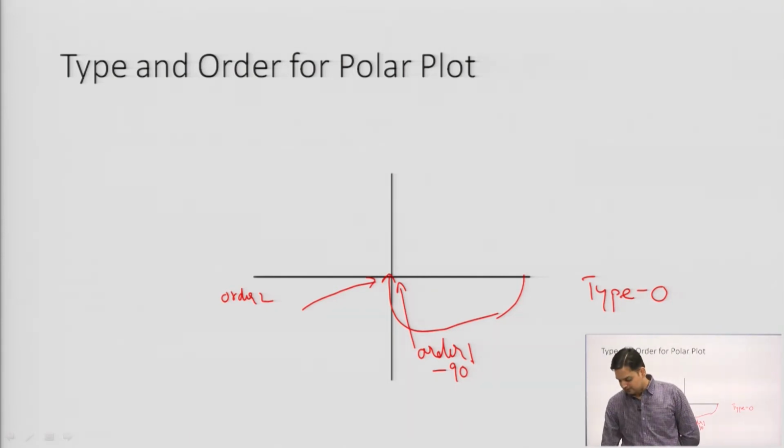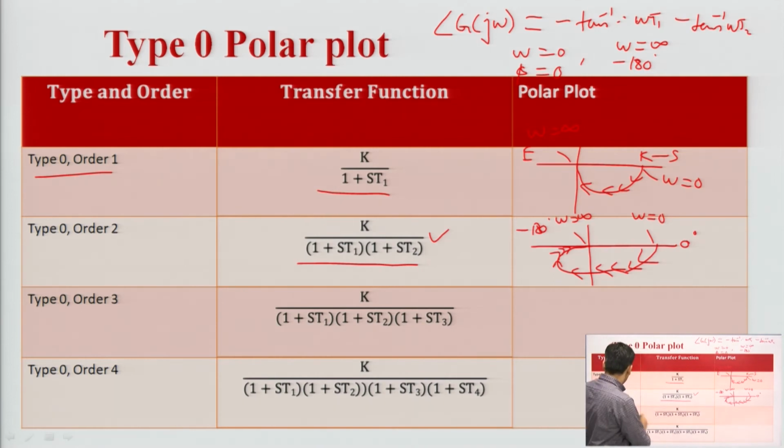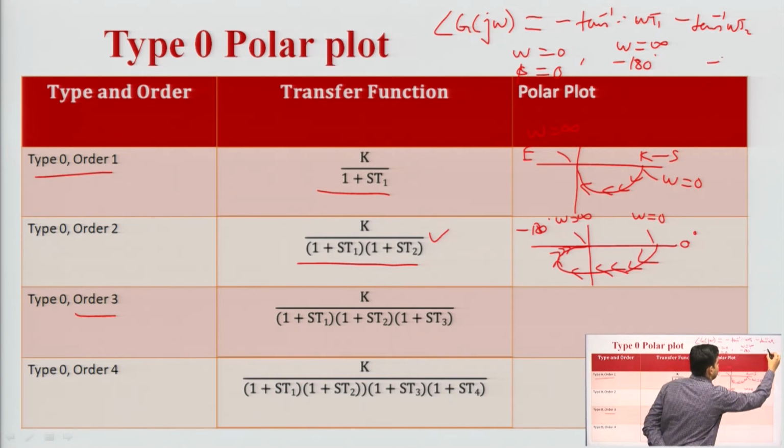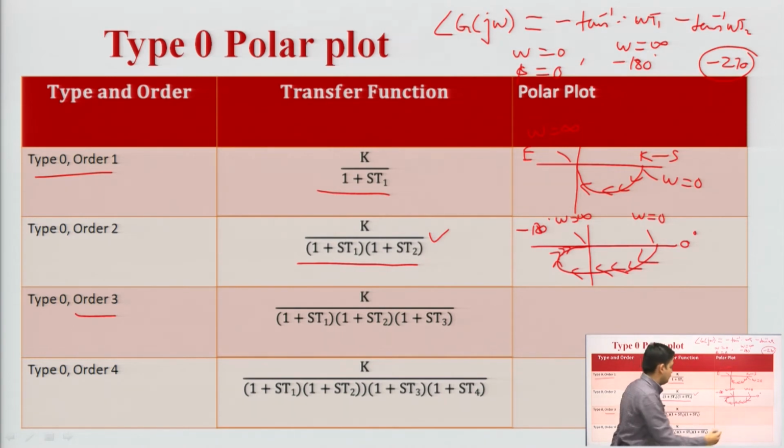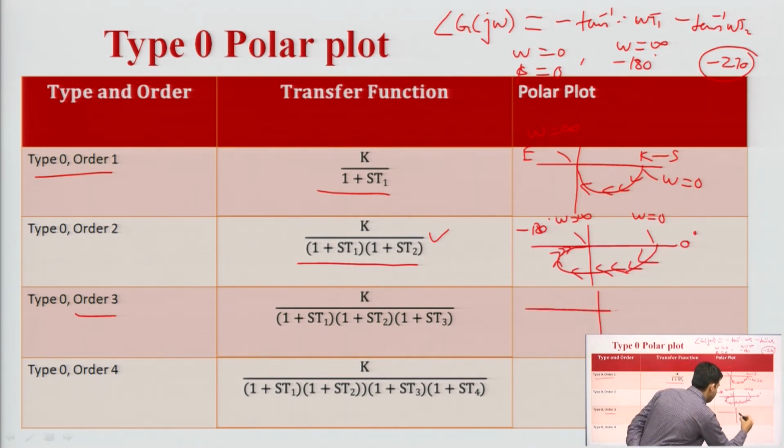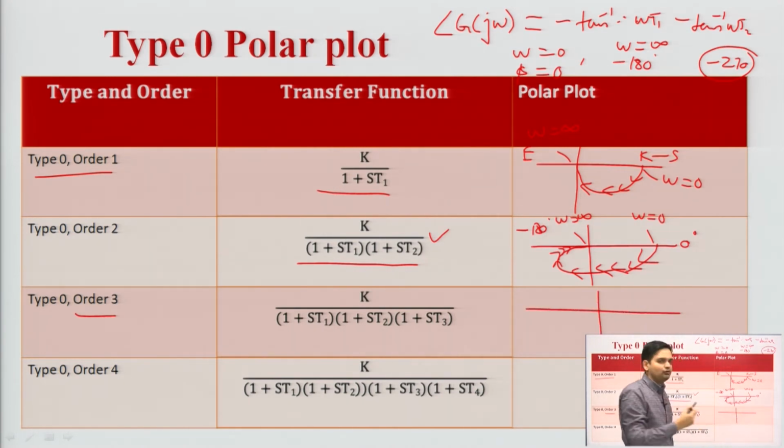In the same way, when we go for type 0 order 3, we will get 3 phase terms and our termination would be minus 270. So, what would be the polar plot? I am doing this directly, you can do the manual calculation. I will start from 0 degree and terminate at minus 270.